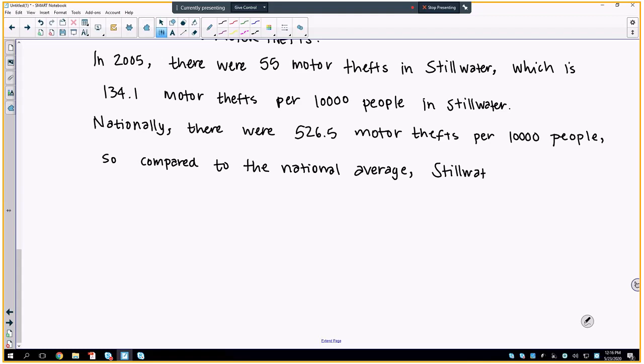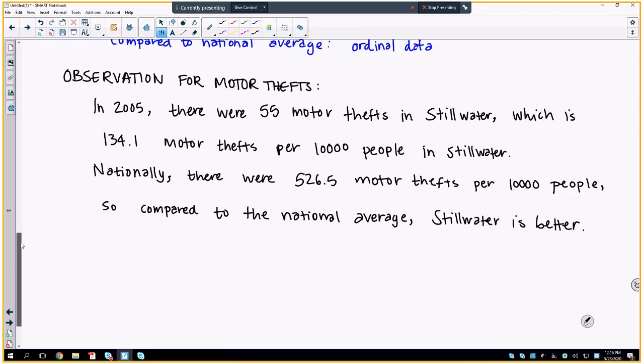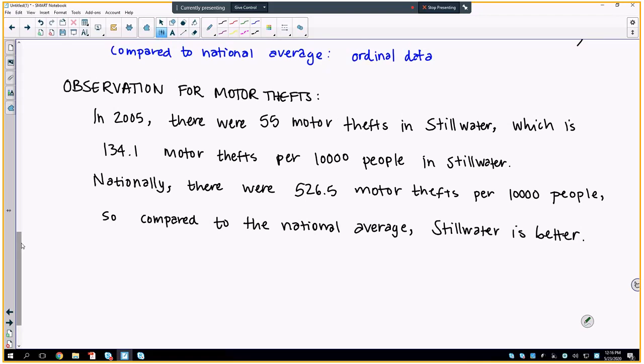Better because it has fewer motor thefts per 10,000 people. That would be our observation for Stillwater. So again, if you had a question like this on a test or a quiz, you would want to write out just a couple of sentences like this, where you summarize what you read in the table.